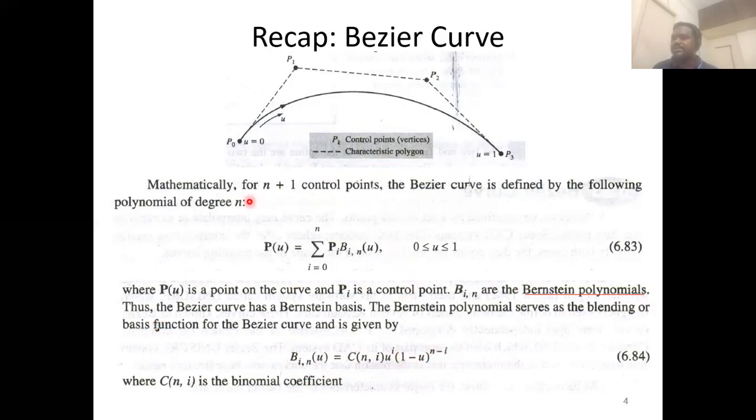So this is the expression for a one-dimensional curve, P of u, which is given by the sum of control point times Bernstein coefficient, i equal to 0 to n, where n can be any value. If it is third order, n is equal to 3. Since i is equal to 0, 1, 2, 3, there will be totally 4 points, and the order will be 3.